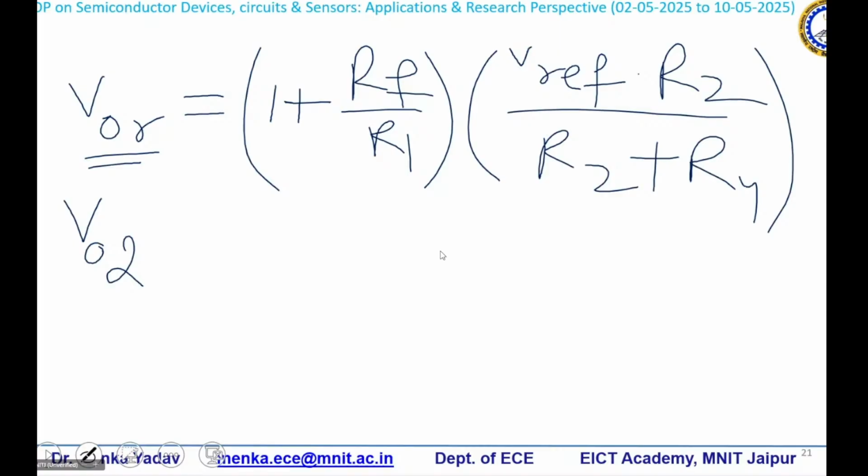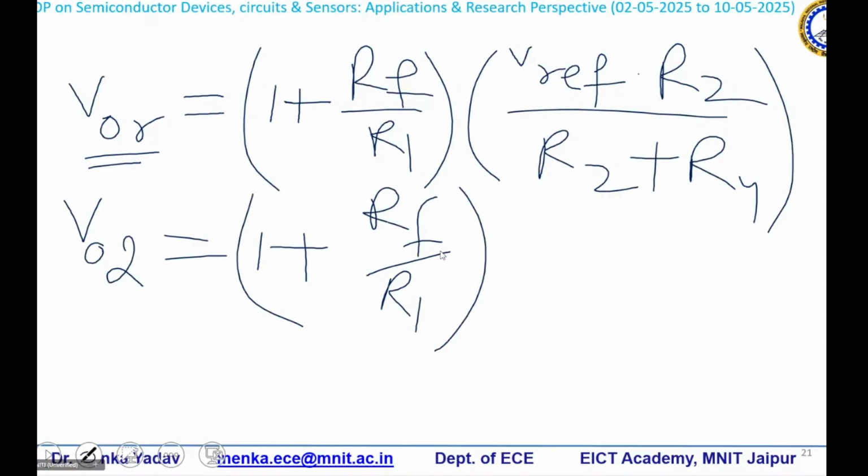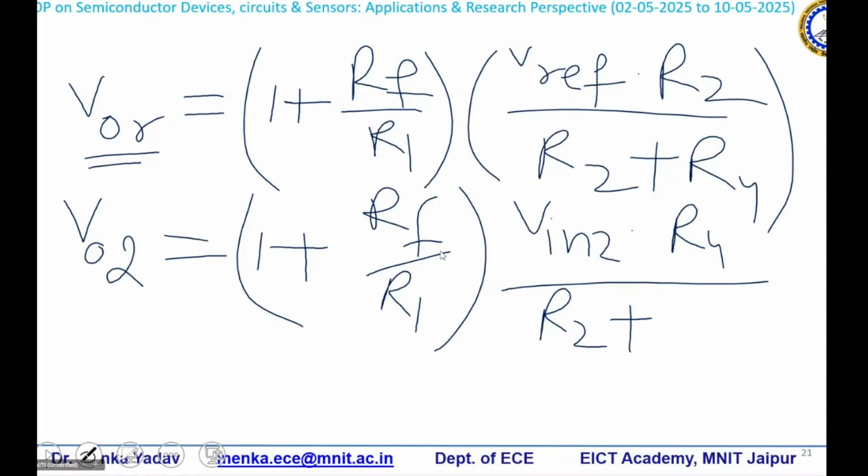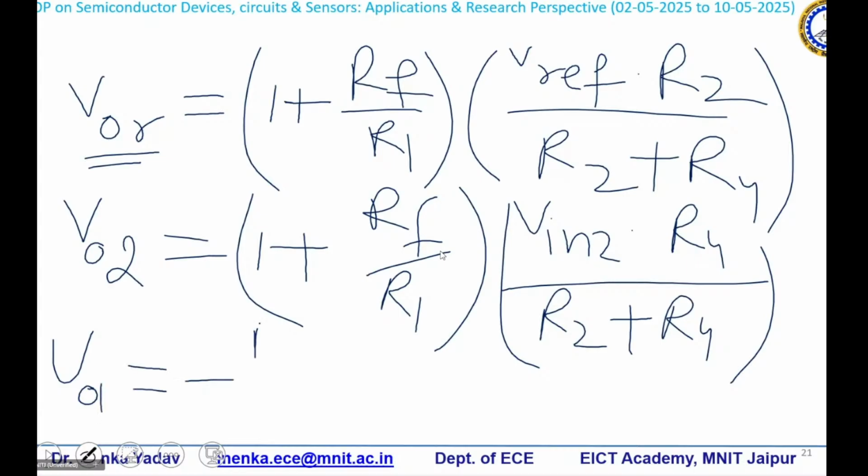VO2 value was 1 plus RF upon R1 into VI2 into R4 upon R2 plus R4. And because of input 1, which was the inverting terminal, it was minus RF upon R1 into Vin1.